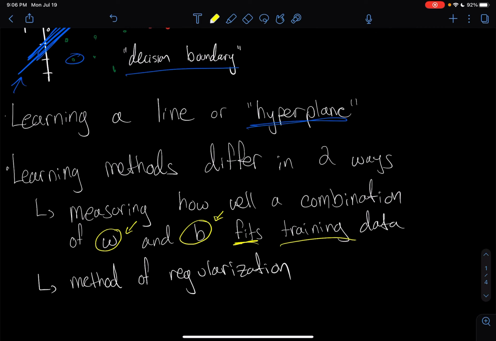The other way that our learning method will change in this case is the method of regularization. A lot of different algorithms use regularization in order to have another aspect of the model that learns. It controls the coefficients a little bit tighter, such that you're less likely to overfit to the data, because you have this penalty term that punishes different coefficients if they get too controlling of your model.